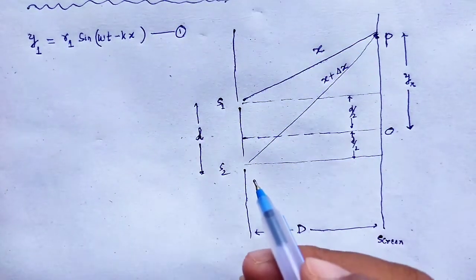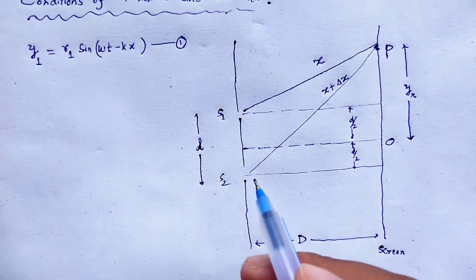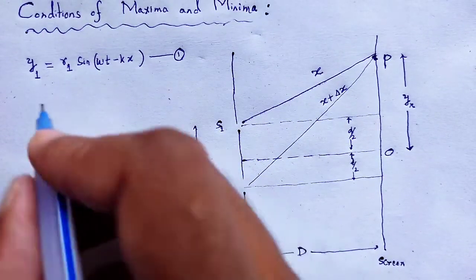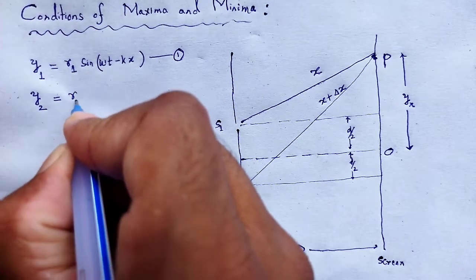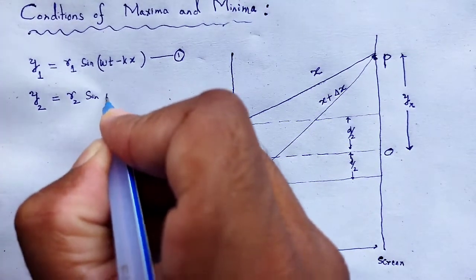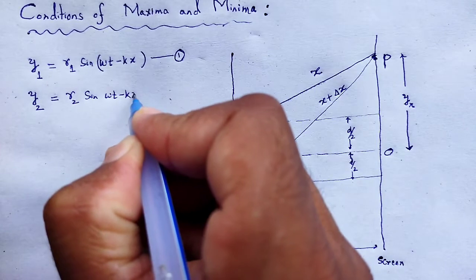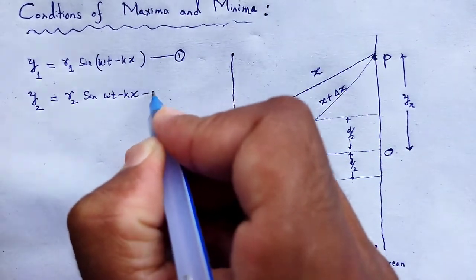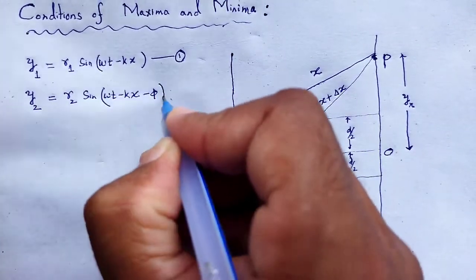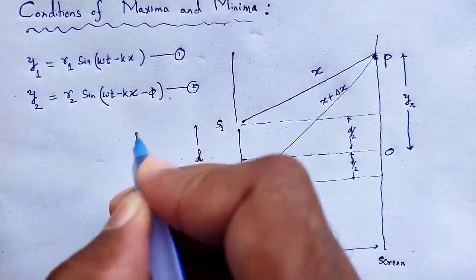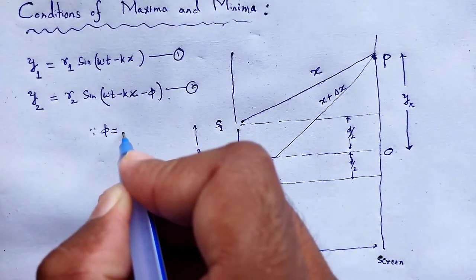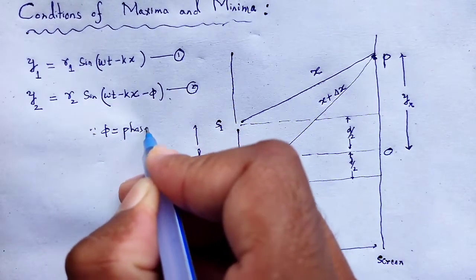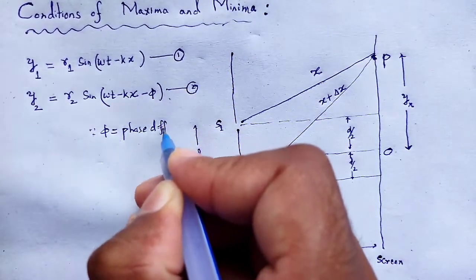And the displacement of the wave from S2, y2, is equal to R2 sin(omega t minus kx minus phi), where phi is the phase difference.